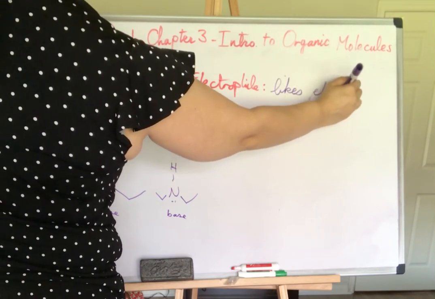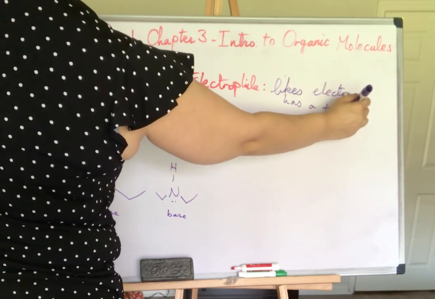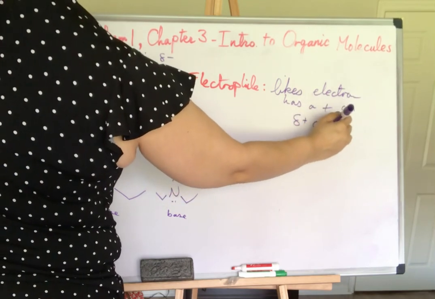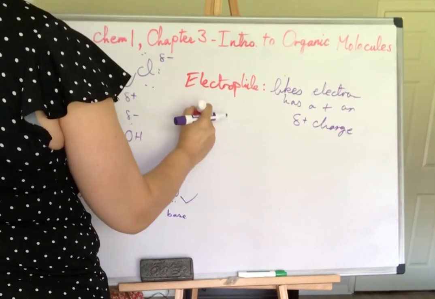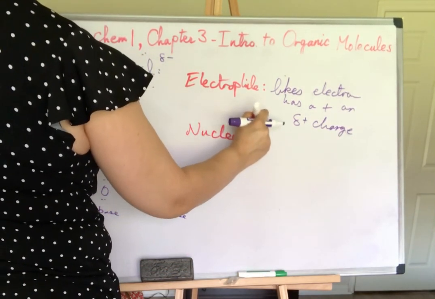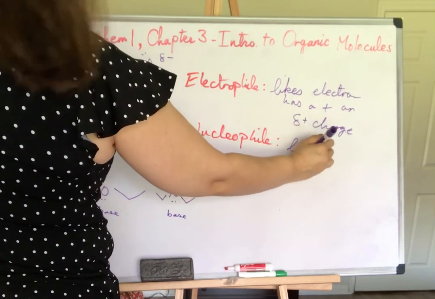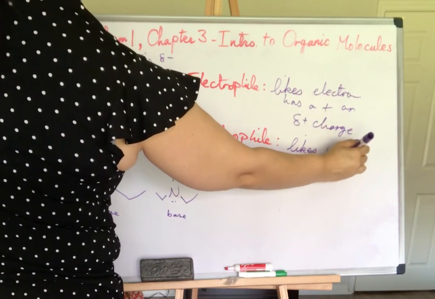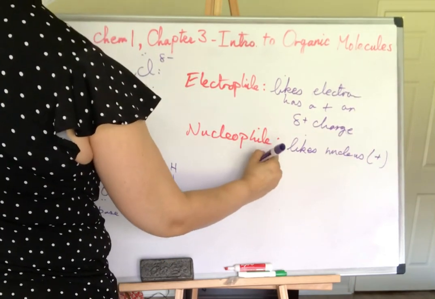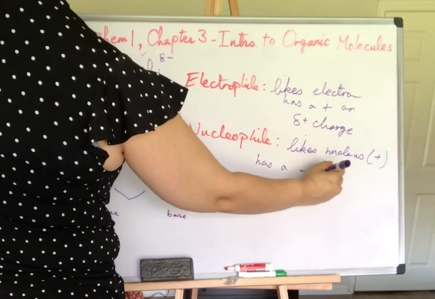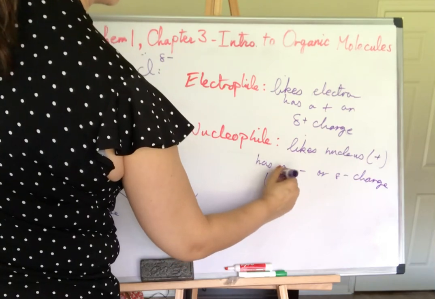Likes electrons. So it has a positive or partially positive charge. That's why it loves electrons. And another term is nucleophile, nucleus lover. It loves a nucleus or positive charge. So it has a negative or partially negative charge, which means basically full of electrons.